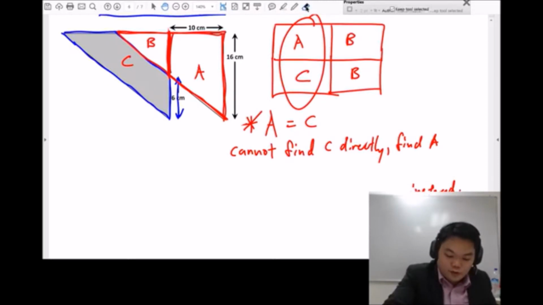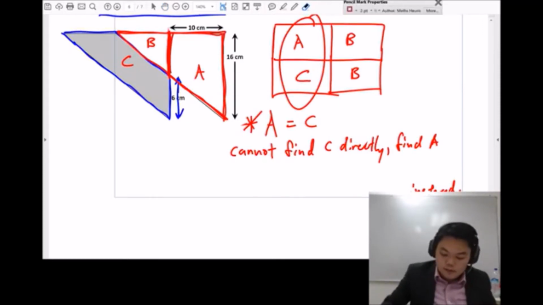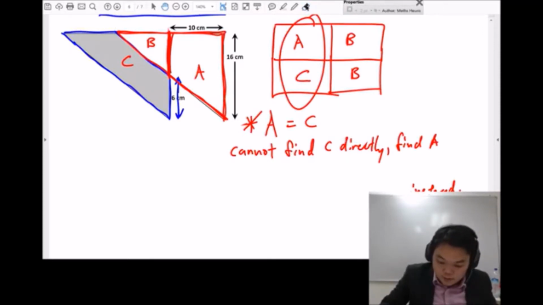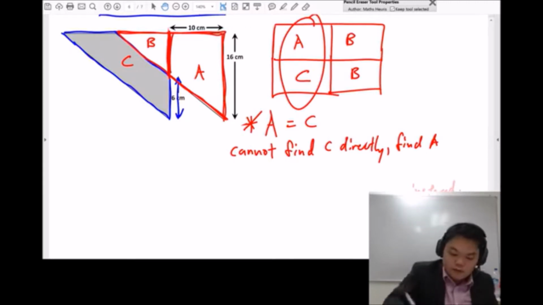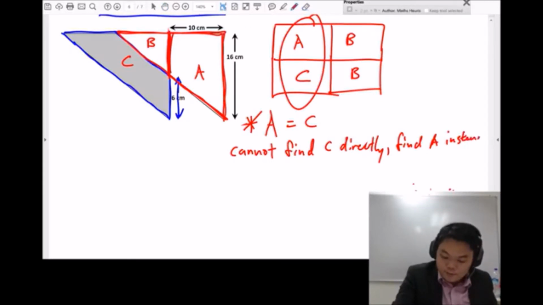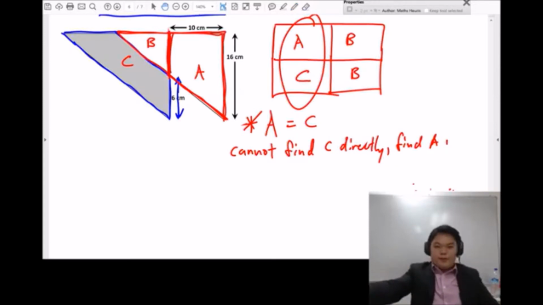Okay, let me shift the wording. But we see that A is a trapezium. Well, that's not wrong. It is a trapezium.